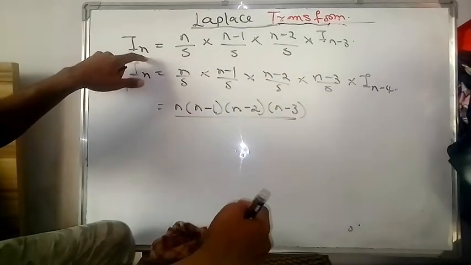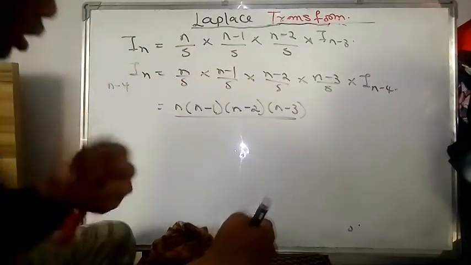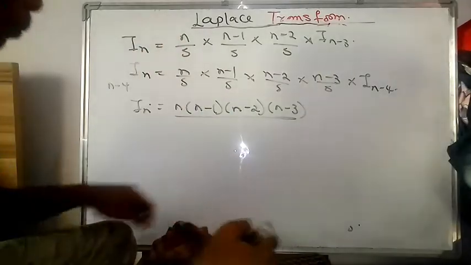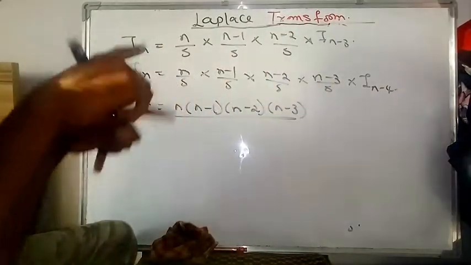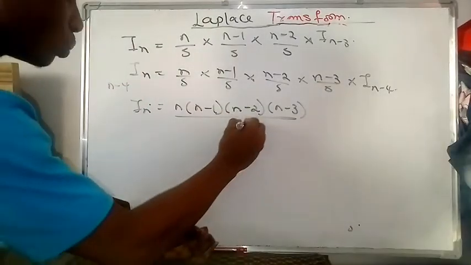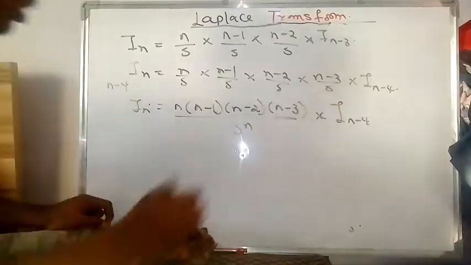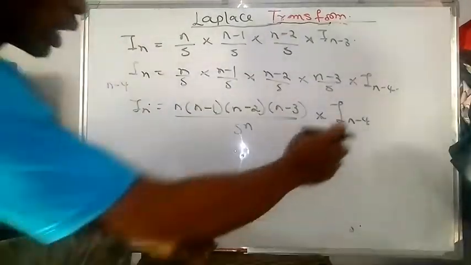But from here, let n be equal to 3, because the number of s here is 3. So given this pattern, the number of s is equal to n, right? This is s raised to power 4, this one will be s raised to power 3, which is n. So I can say this is s raised to power n, times I subscript n minus 4. So if I let n be equal to 4, eventually 4 minus 4 will be equal to 0, so I can replace this with 0.